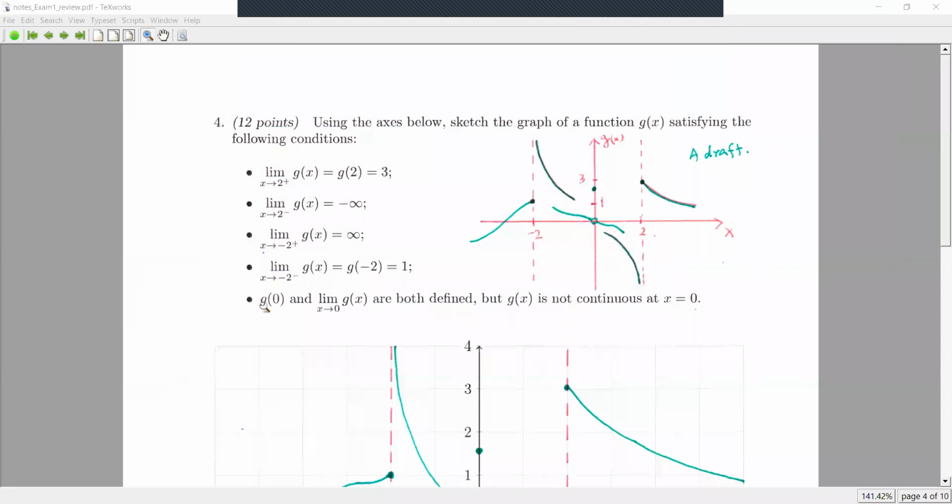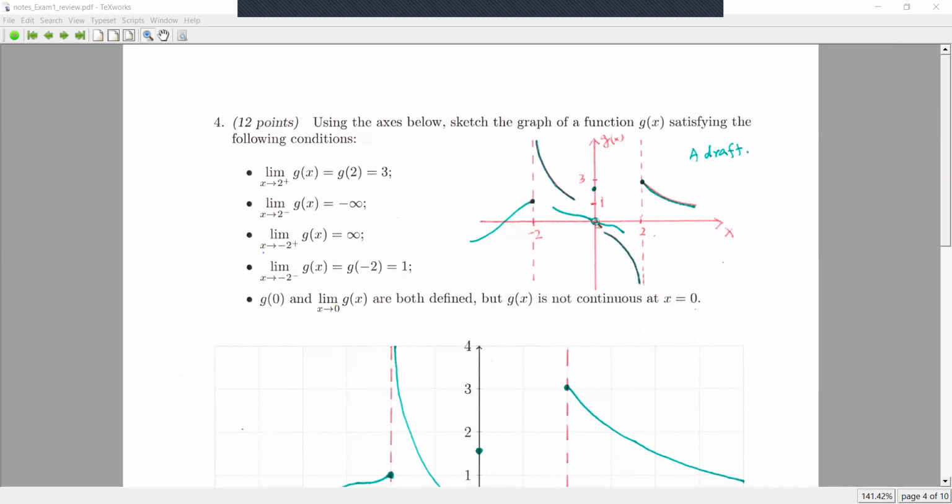Condition 5. Function value at 0 and the limit at 0 are both defined. But the function is not continuous at the point 0. Because the function value at 0 is not specified.